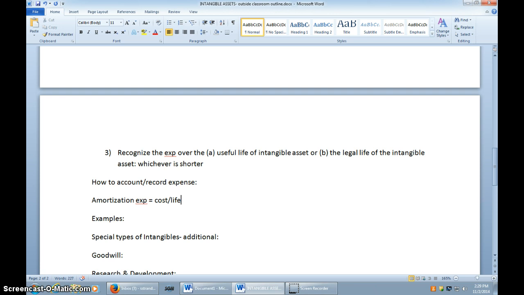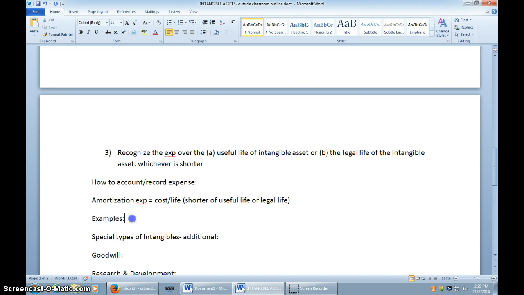Very similar to straight line depreciation, except we're not taking into account salvage value. And that life, remember, is the shorter of the useful life or the legal life of that intangible asset.